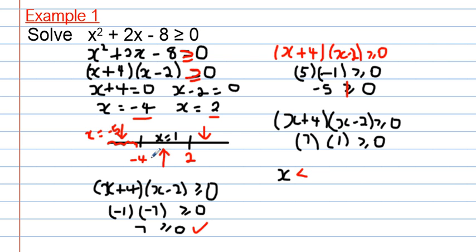Let's try minus 4. If I put minus 4 in there, that'll give me 0, and then minus 4 take away 2 will give me minus 6. Minus 6 times 0 is more than or equal to 0, so it satisfies that region as well. So x is less than or equal to minus 4.